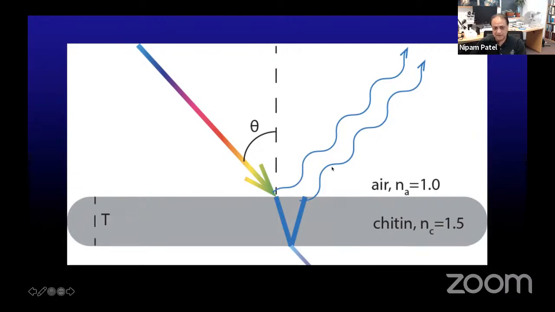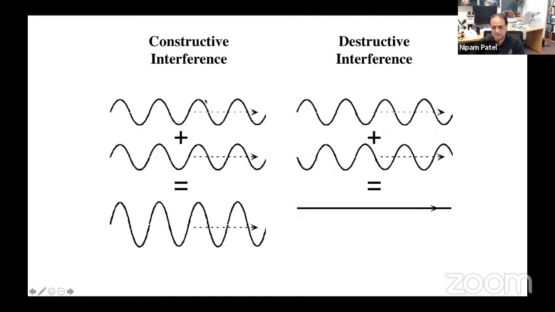And it depends then on the distance that they've traveled, how these waves line up. So if those waves are in phase after the reflection, then you will get constructive interference. The amplitude will double, and the apparent brightness of that light will actually increase fourfold. But if those waves are perfectly out of phase, for example, you'll get destructive interference, and that wavelength will disappear.